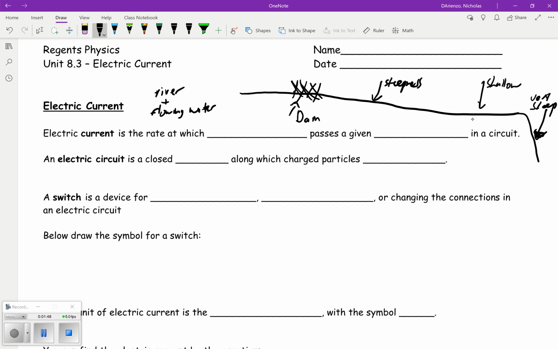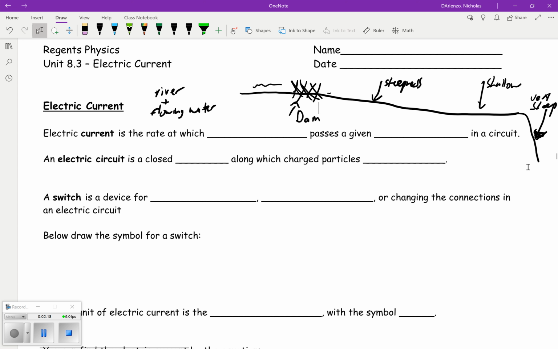Well, if you think about the flow of water before a dam and after a dam, water is always flowing slower here after the dam. So we'll see how current ties into the dam here, the steepness of the slope, and how much water is coming down any of these portions.